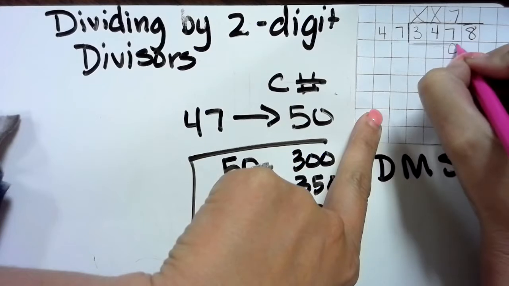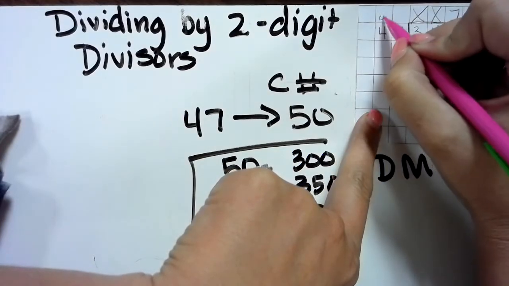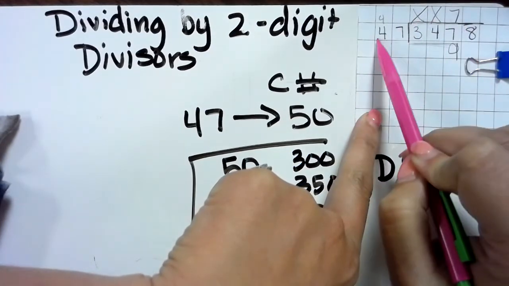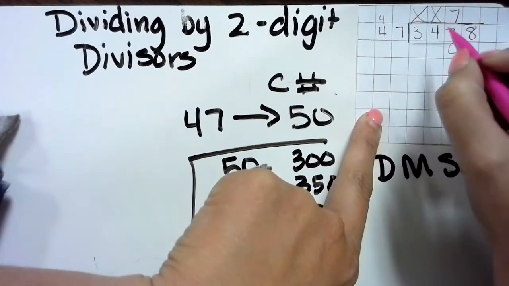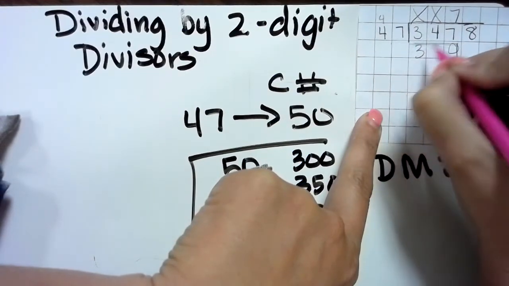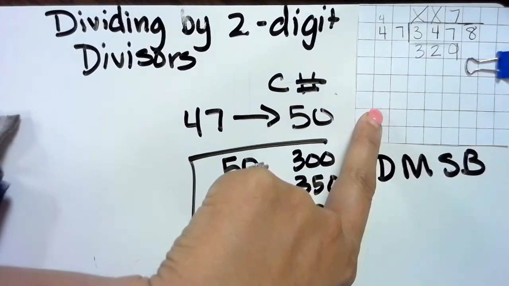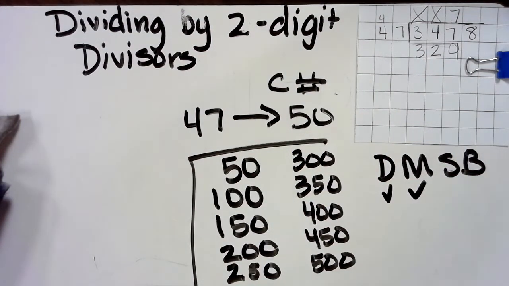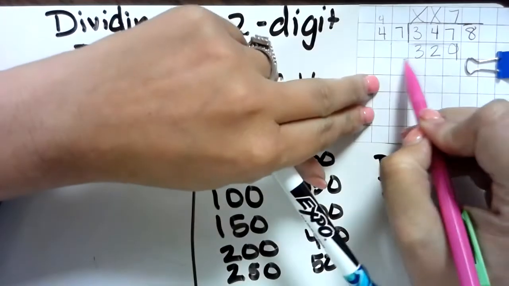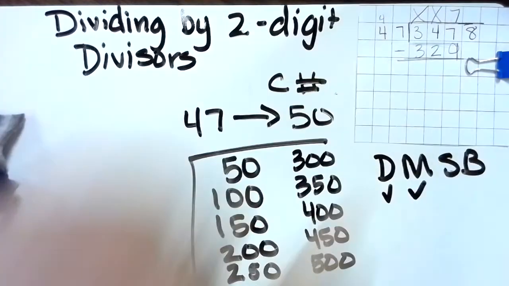So I'm going to put the 9 and carry the 4 right up here. And then 7 times 4, 28, 29, 30, 31, 32. So add that 4 up there, so that gives me 32. Okay, so I have divided and I've multiplied. Now I need to subtract.